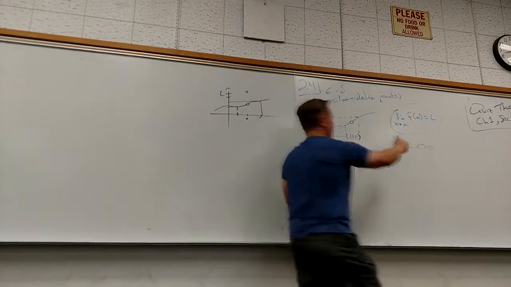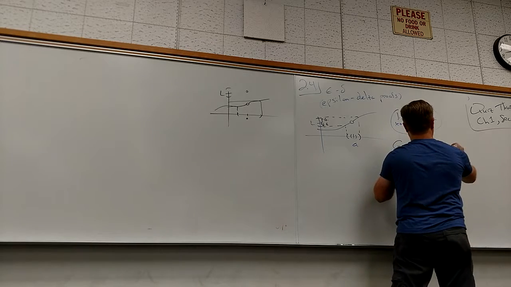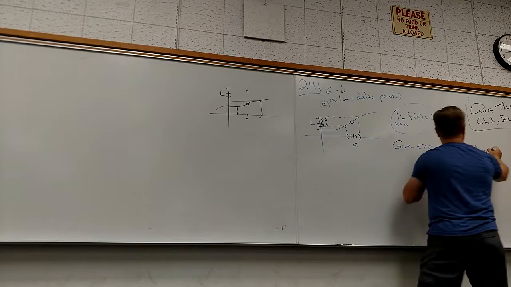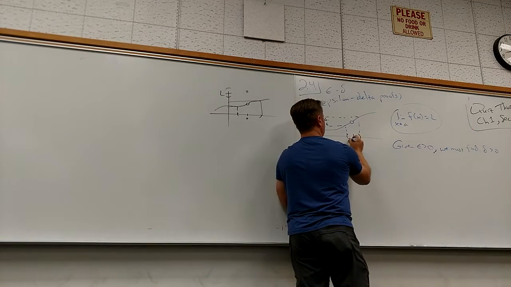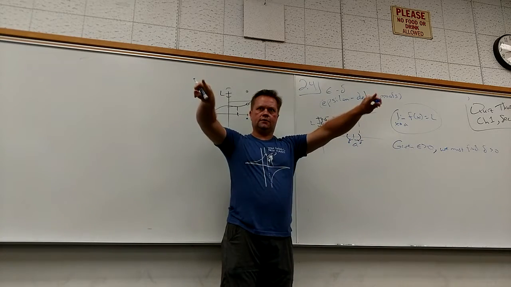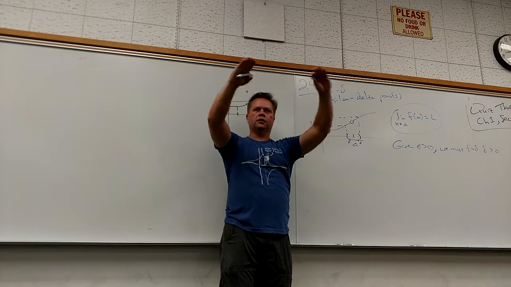So given epsilon greater than 0, we must find delta greater than 0. So here's delta. That's the distance that finds that. And believe it or not, that's not my word. That is the actual word, neighborhood.